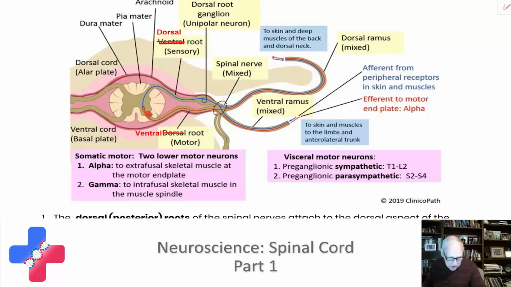Now, in addition to those two motor neurons coming out all ventral roots, notice we have a visceral motor outflow from the spinal cord as well, and this is relative to the autonomic nervous system, which is not our full topic for this discussion. In your companion notes, there's a whole chapter on autonomics.